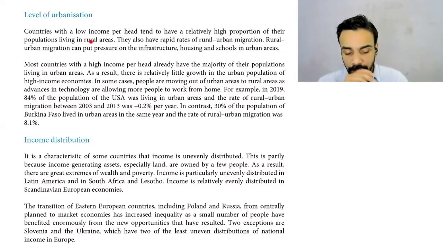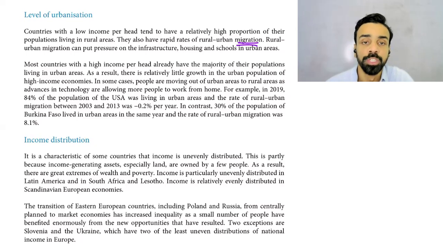Okay. And developed economy tends to have a high percentage of people living in the urban areas, right? But what we also see is a rising migration from the rural to the urban.